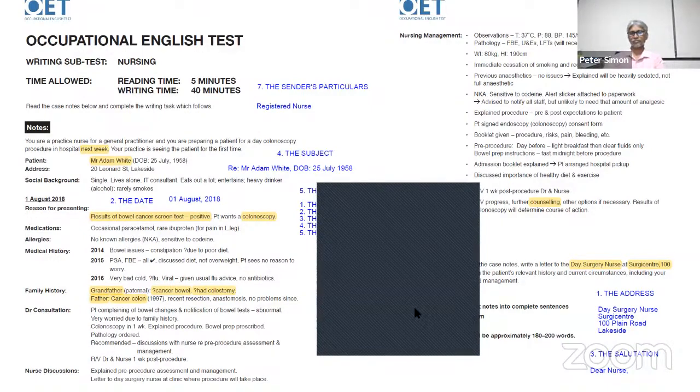So what he requires is the purpose. So you can write the letter introduction. Now write your introduction, please.